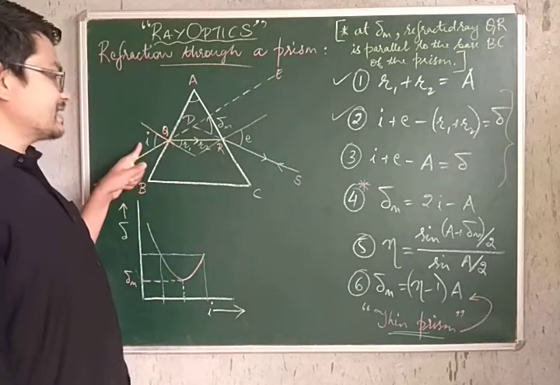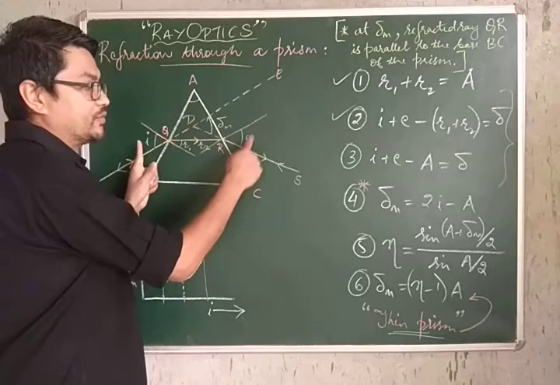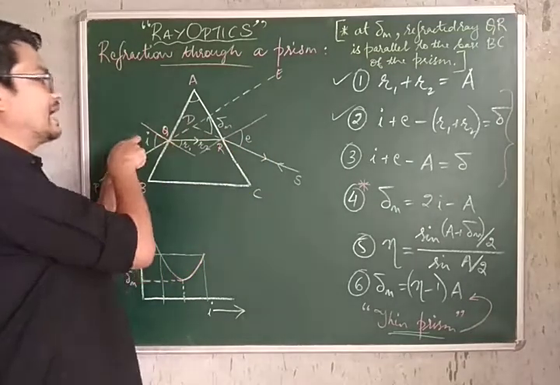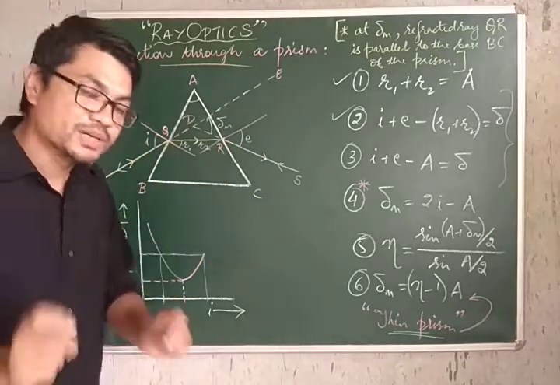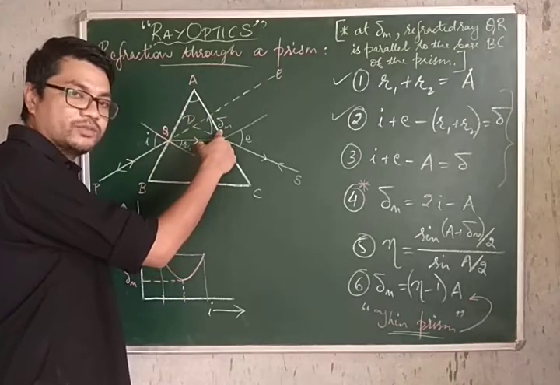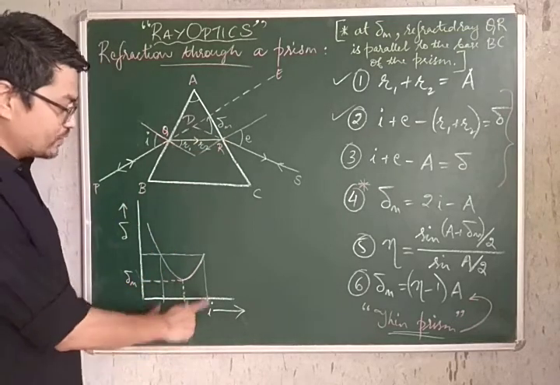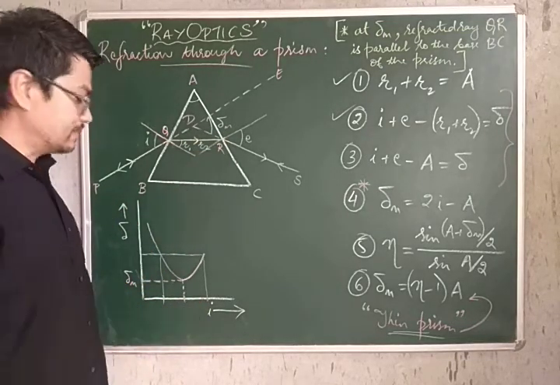So if I is the angle of incidence, E will be the angle of emergence. Likewise, if E is the angle of incidence, then I will be the angle of emergence for the same value of the angle of deviation. So this is what two values of the angle of incidence tell us.